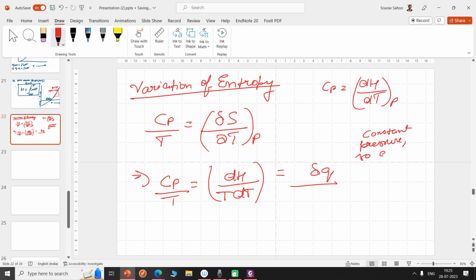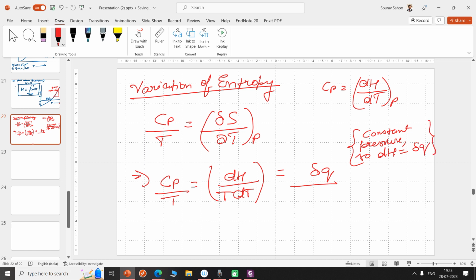So dH is equal to delta Q. Now we write d and delta because Q is not a state variable, so we can't write dq, rather we write delta Q. This is format notation. Enthalpy is a state variable, so that's why we write d and not delta.